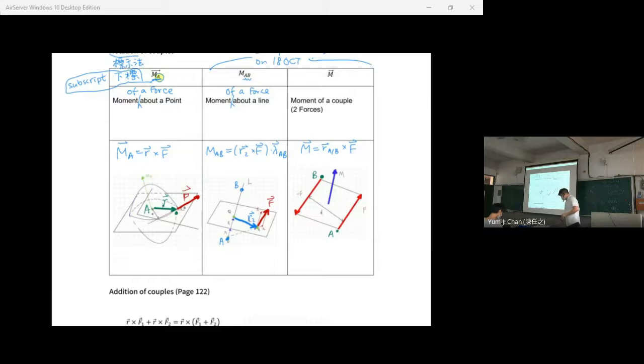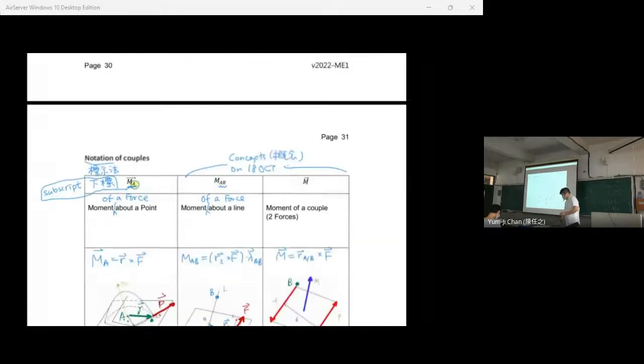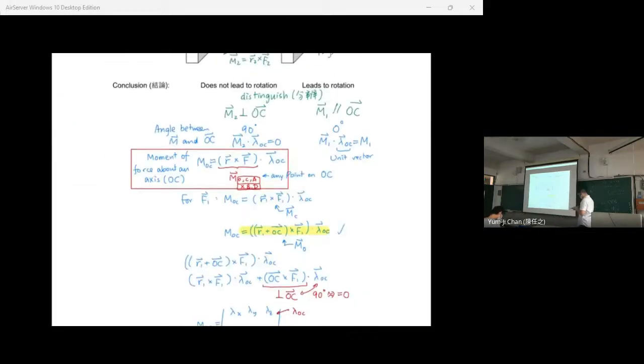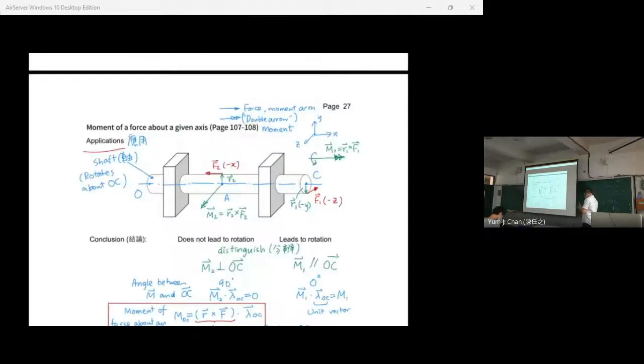For example, if you have a shaft here, some moments will lead to rotation of the shaft, but some moments will not lead to rotation of the shaft, which is what we talk about here. Some moments, like this one, lead to no rotation.